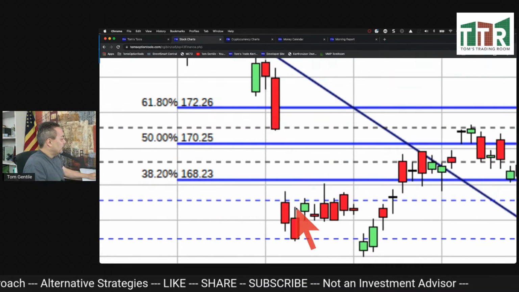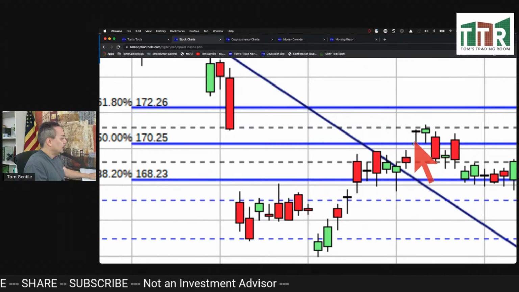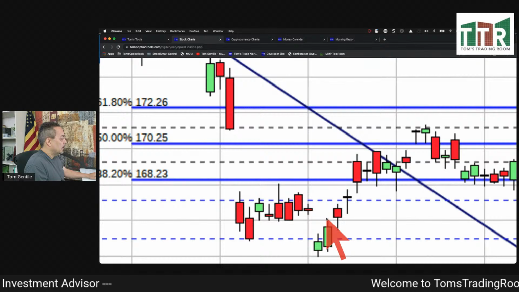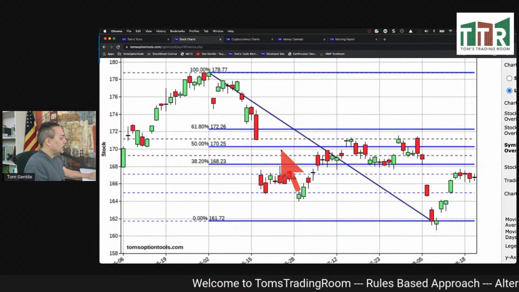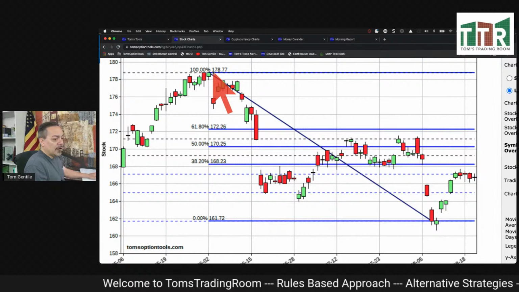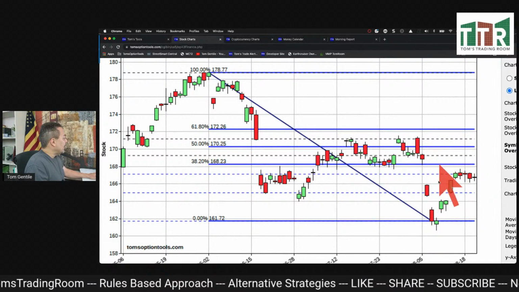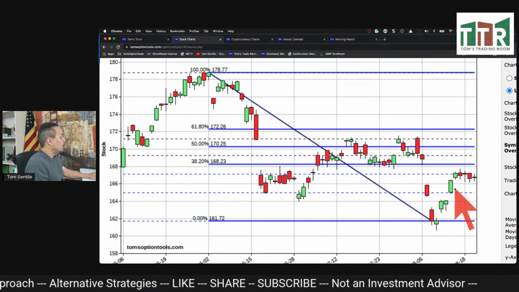So the ceiling on GLD, I mean, we blasted through the 38. You're looking at these numbers here, and these mean nothing, okay? Take a look at this line that I have drawn from 178.77 down to 161.72. Now these lines, everything past this drop down, makes more sense.